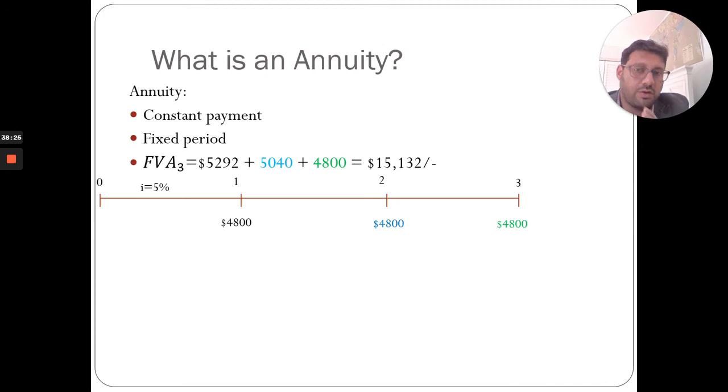Over here, let's suppose a person comes to you and says keep depositing for 3 years. At the end of every year, you need to deposit 4,800, 4,800, and at the end of the third year, 4,800, and we are offering you a 5% interest rate.